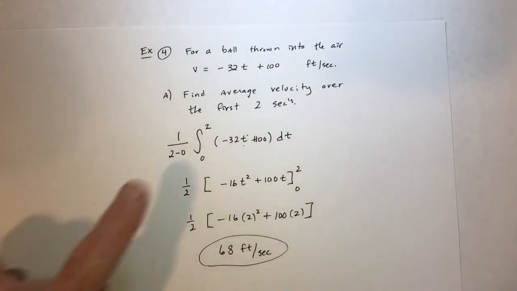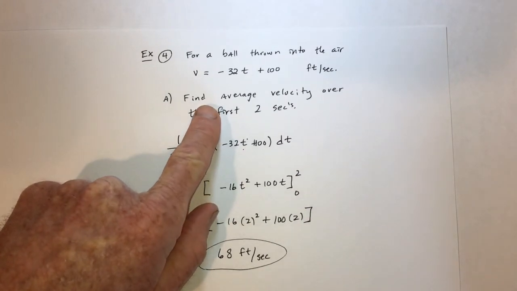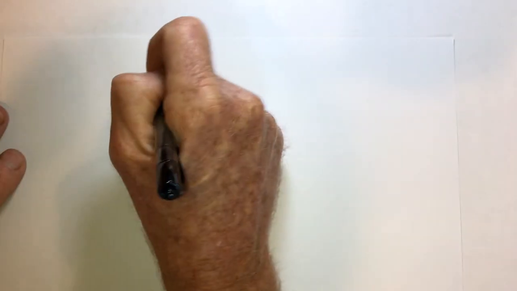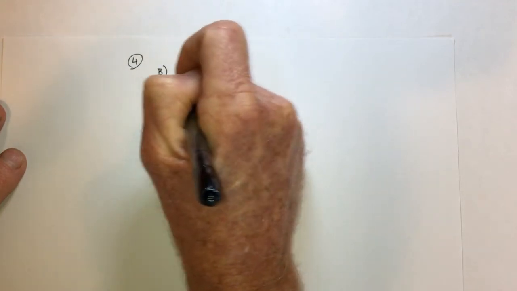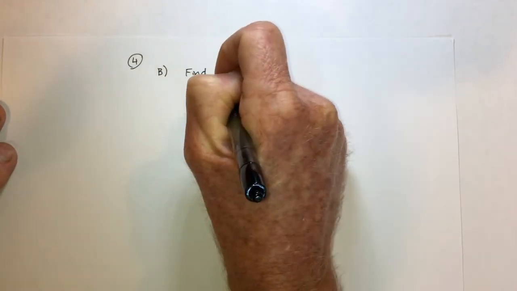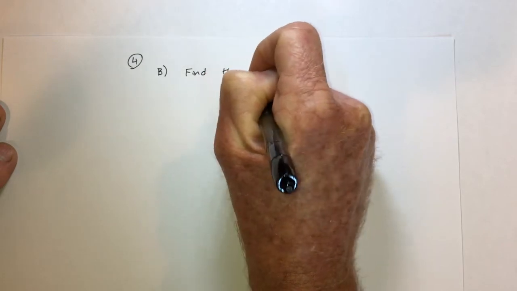Then for part B, we're going to do the same thing, but over the total flight of the baseball. So that was number 4, part B. Find the average velocity.